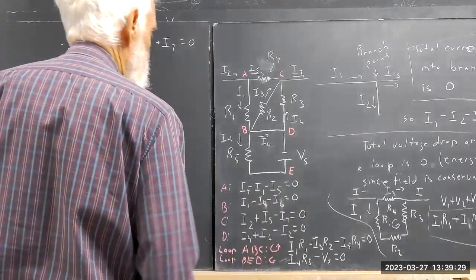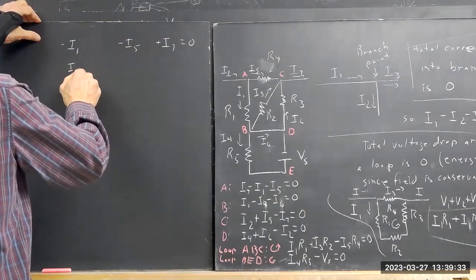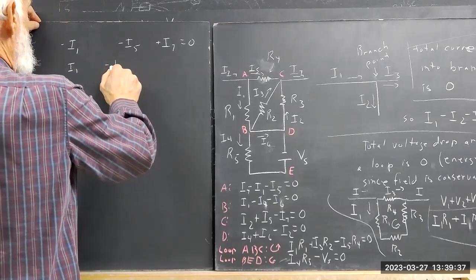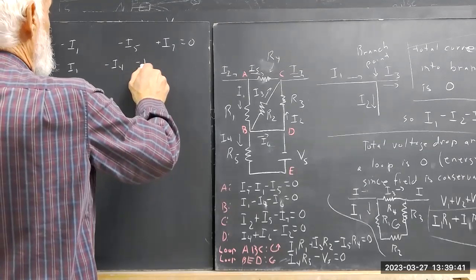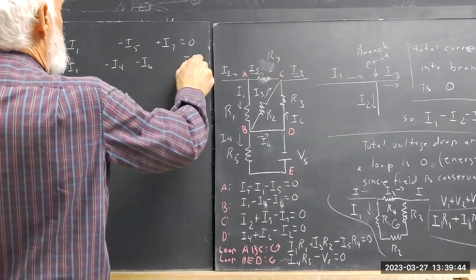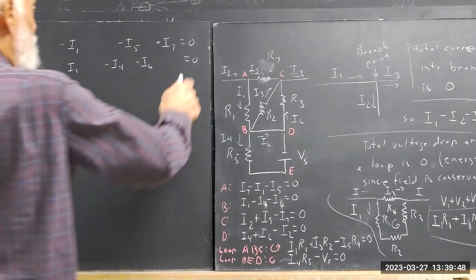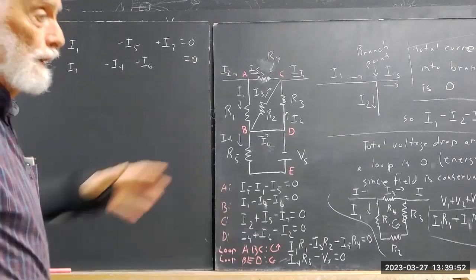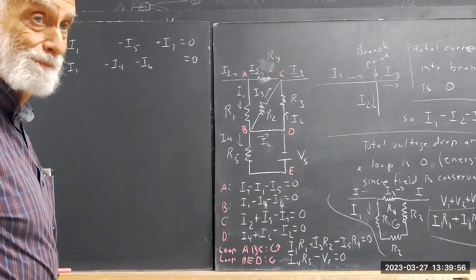For B, I've got I1. And then I've got minus I4. Minus I6. Equals 0. So you got a lot of spaces in here. We figured you're gonna have a lot of 0 coefficients, so when you set up the matrix, it'll have a lot of zeros. Probably have more zeros than it has symbols.